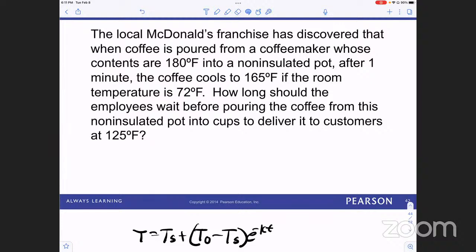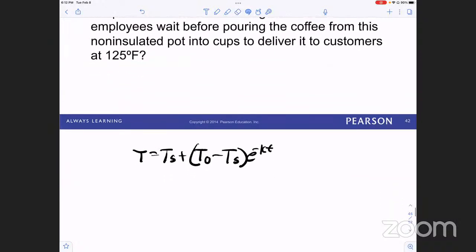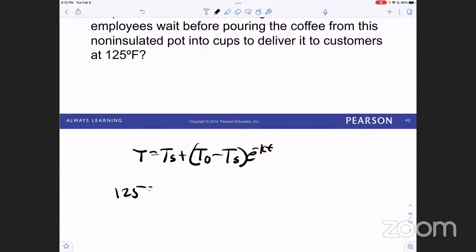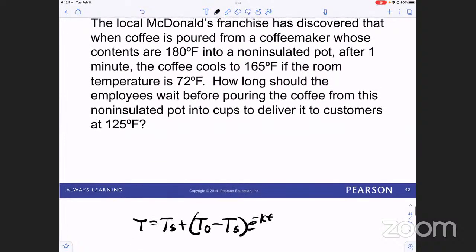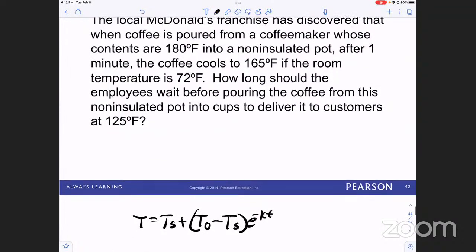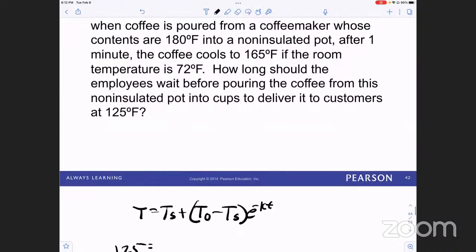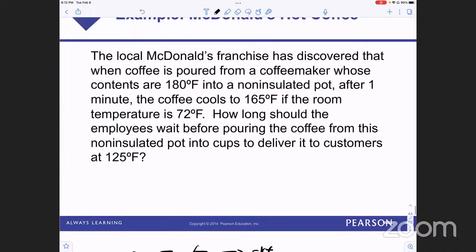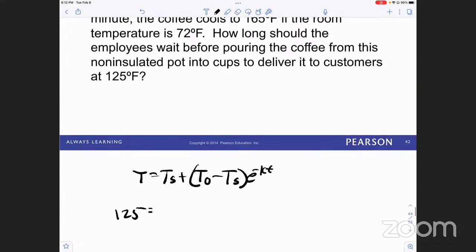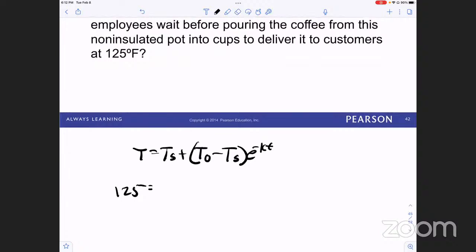It seems like we wanted to find the temperature of the surrounding, the room temperature. It's 72 degrees Fahrenheit.